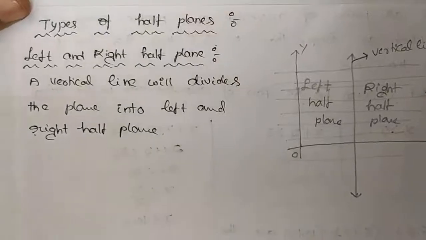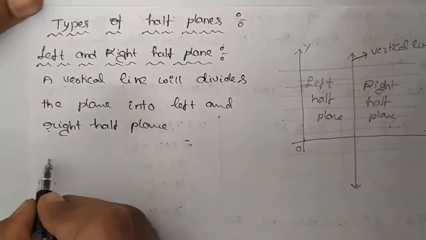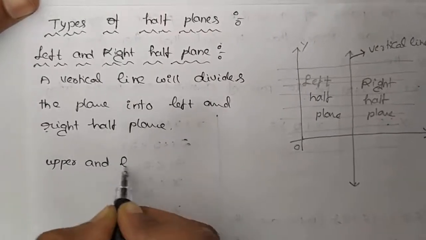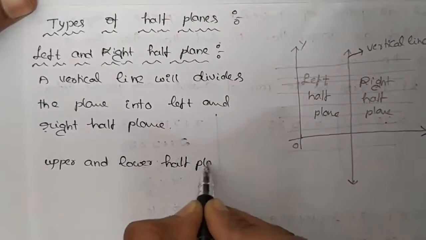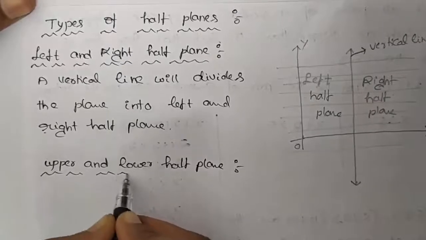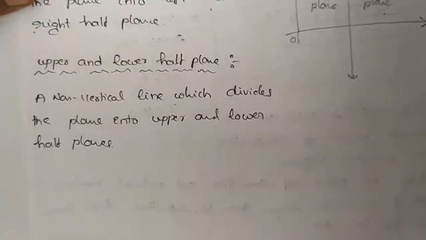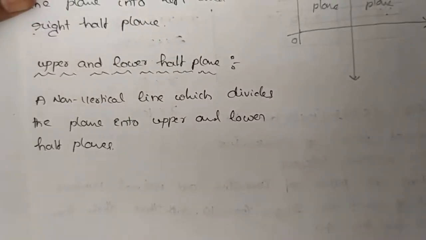Next, we have one more type of half plane, that is upper and lower half plane. A non-vertical line divides the plane into upper and lower half planes.